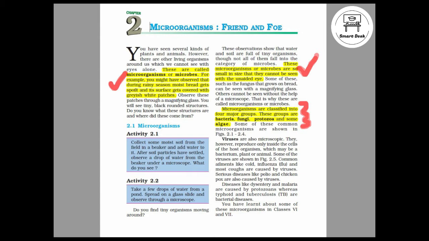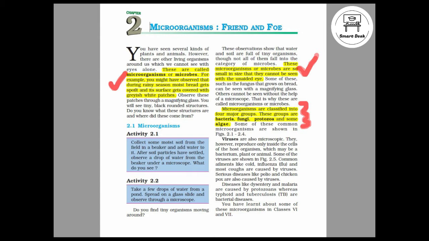Viruses are microscopic, but outside a host, that is outside a living body, a virus is of no use. But when a virus is inside a living body, it creates massacre.